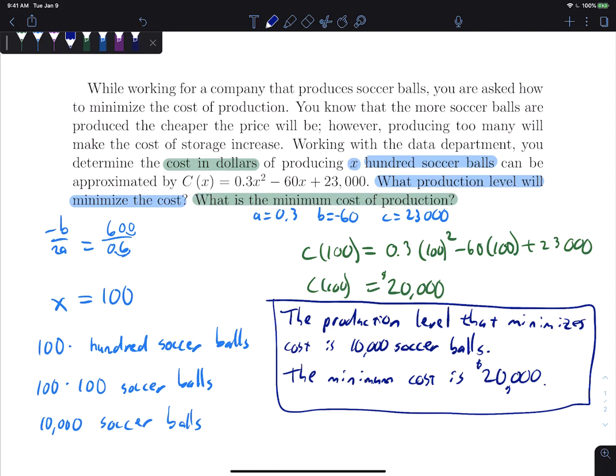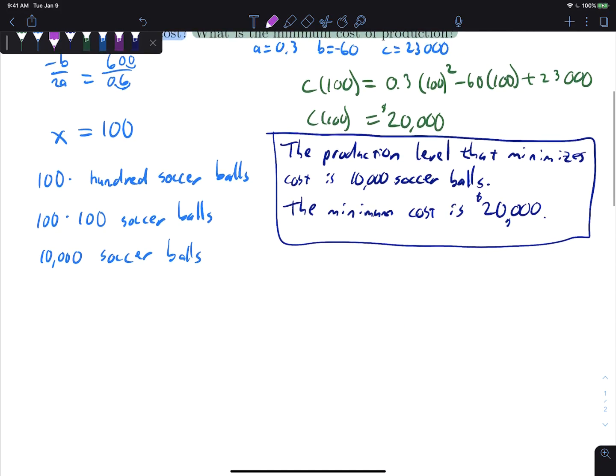Awesome. Now here's the thing. If we were to graph C of x, here's what it would look like. You would have an initial value here, which would basically be the fixed costs.